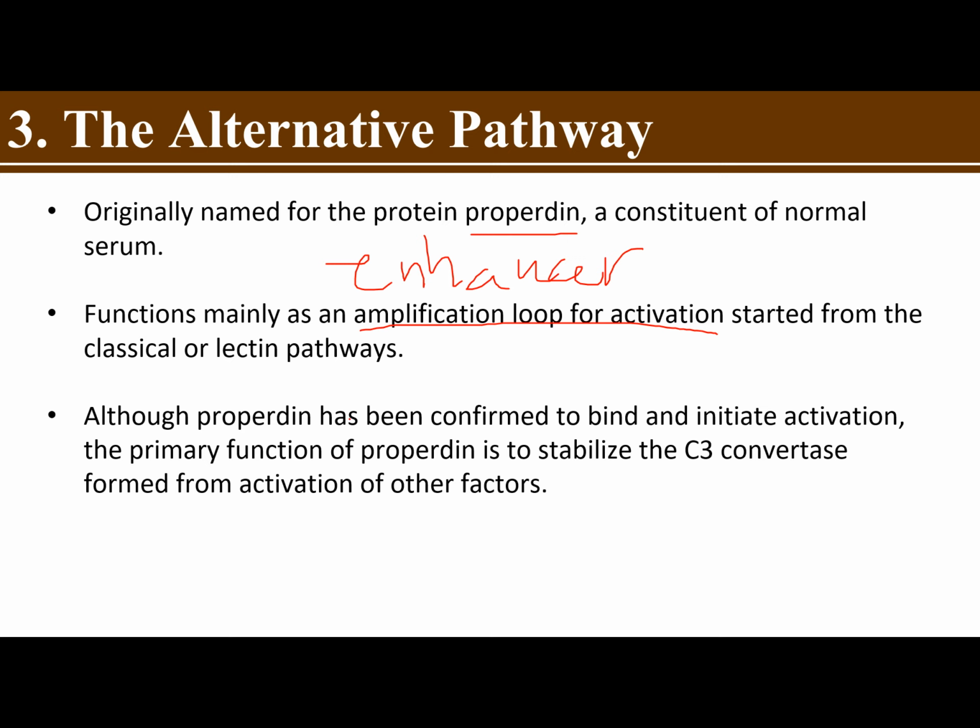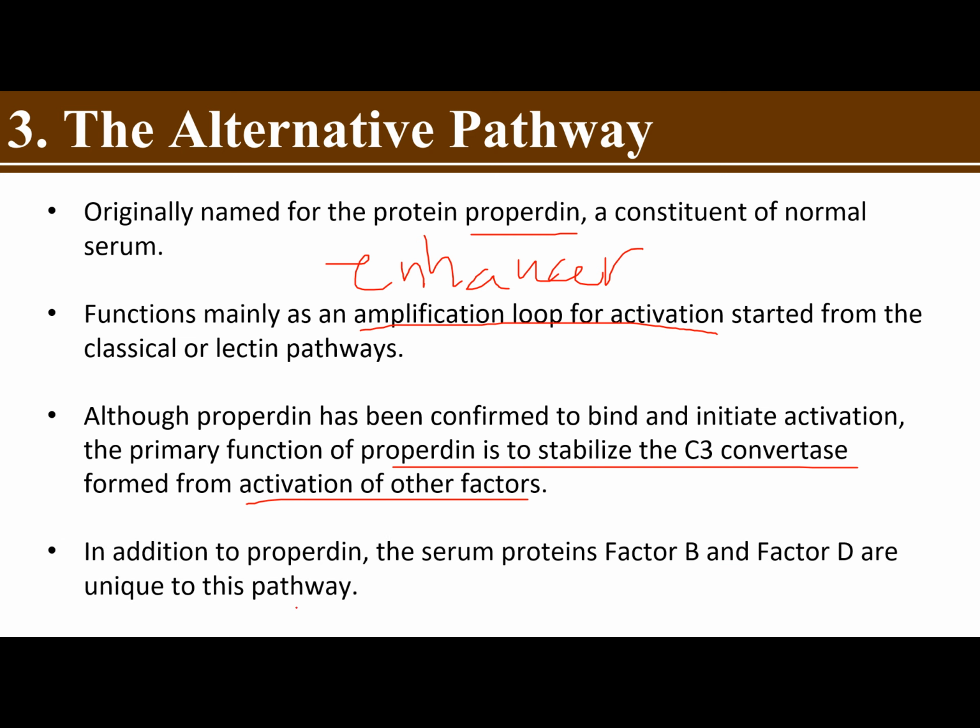Now, although properdin has been confirmed to bind and initiate activation, the primary function of properdin is to stabilize the C3 convertase formed from activation of other factors. So if asked in your exam what is the primary function of properdin, it is to stabilize your C3 convertase.